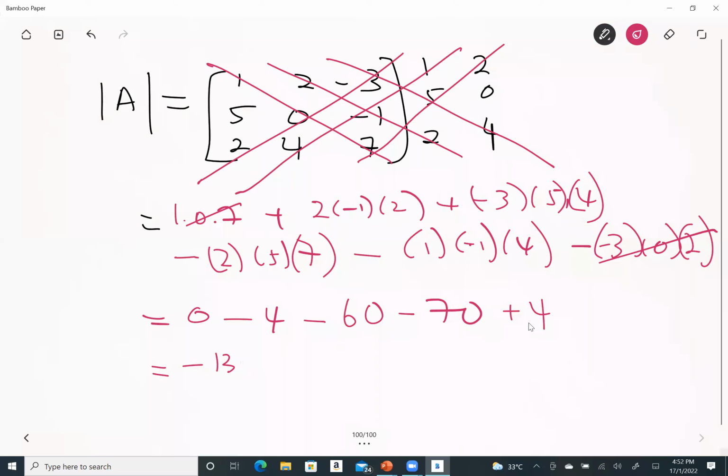Siapa dapat 10? Am I right? I think that is correct. 1, 2, negative 3. Yeah, negative 130. 5, 0, negative 1, 2, 4, 7. So if you got negative 10 or negative 18, that is not right. So you check again where you went wrong. It should be negative 130.